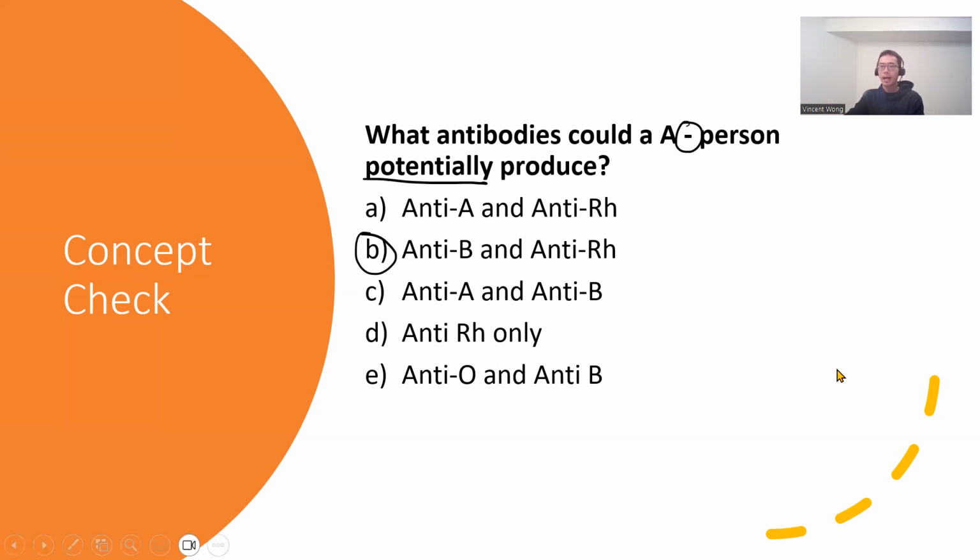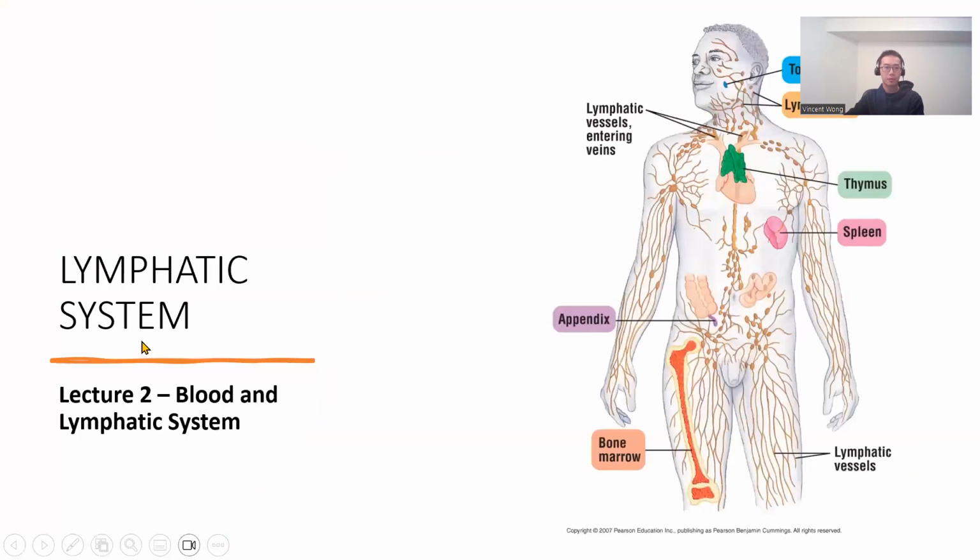Okay, that's where we're going to end today. We still have to do the lymphatic system, but that's okay because the lymphatic system ties in nicely with our immune system. So don't forget to study for the quiz next week. It's on Monday, and for those of you who are taking it online for the first time, there is the lockdown browser, which will prevent you from opening other windows and notes on your computer.